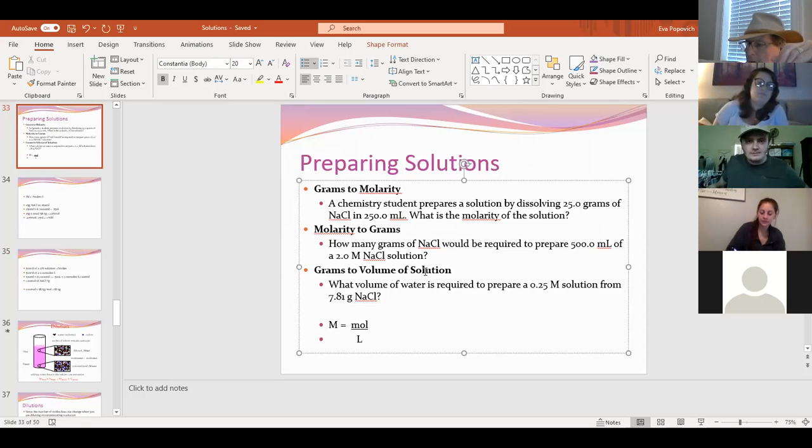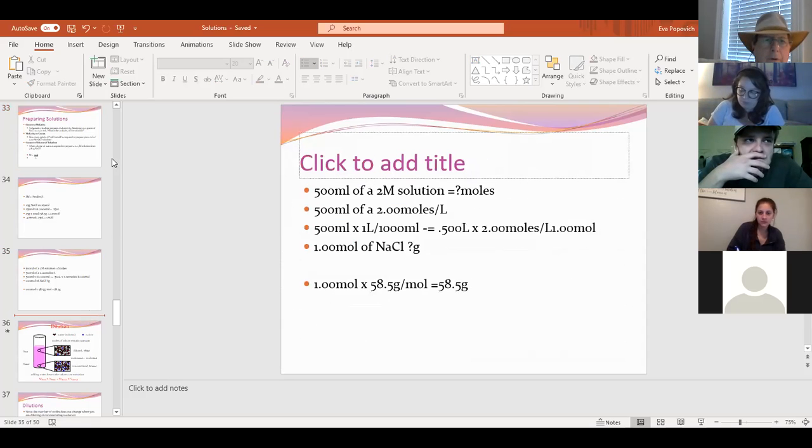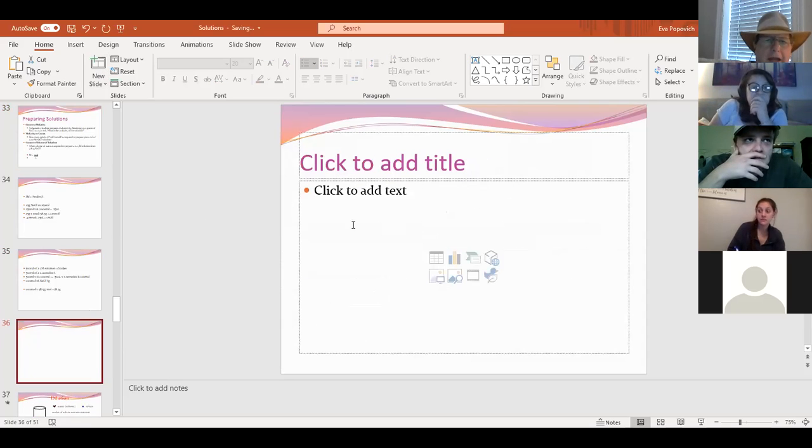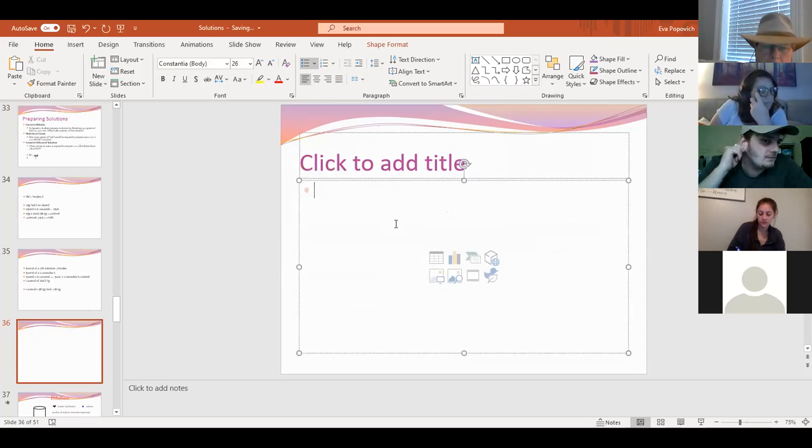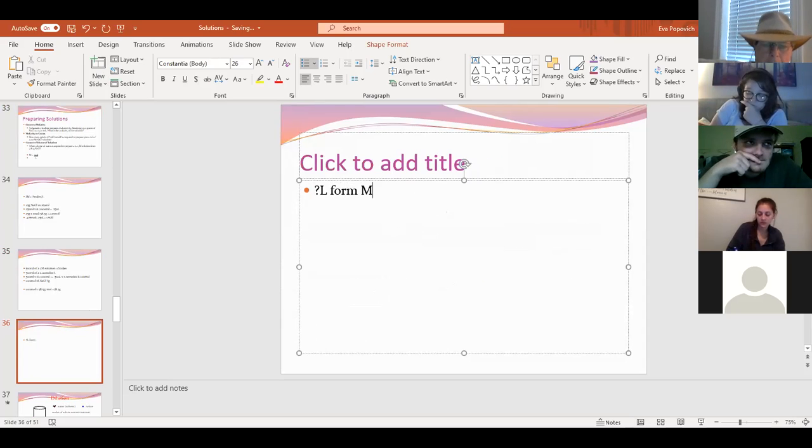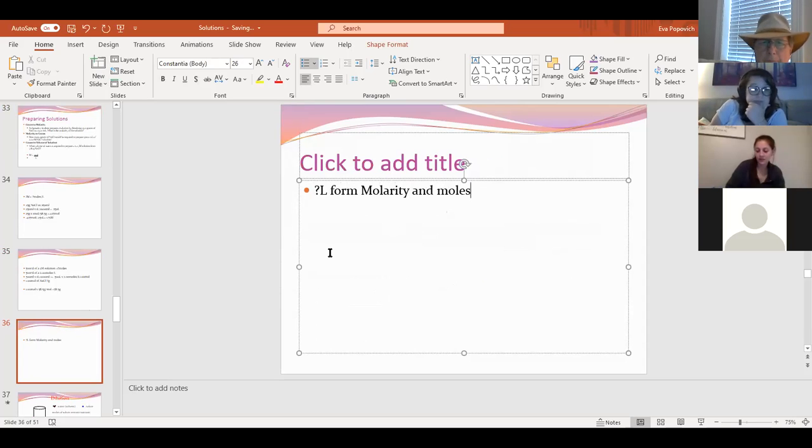Now, if we look at this backwards and we look at our triangle, how do we get liters from molarity and moles? Moles divided by molarity. Exactly. Moles divided by molarity.